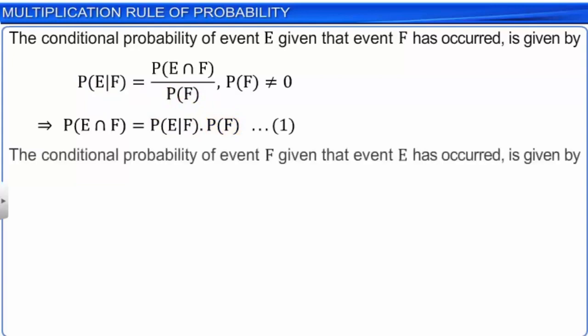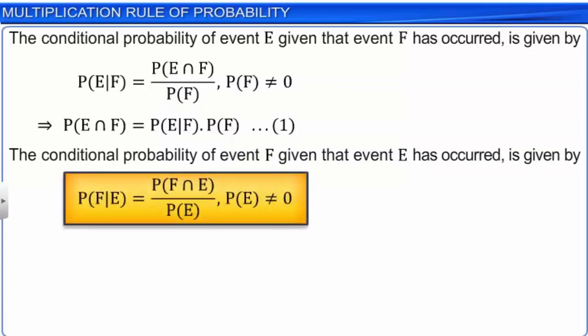Similarly, the conditional probability of F given that event E has occurred is equal to the probability of F intersection E divided by the probability of E, such that the probability of E is not equal to 0.